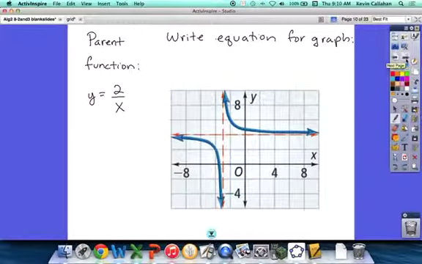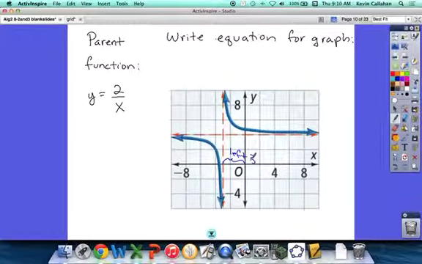Okay. Well, what if you're given the graph? Now what equation would have made that graph? If you start with 2 over x as the parent function, then you see here it looks like every grid square is 2. So what is the shift? How much is that to the left? It looks like it's left 3.